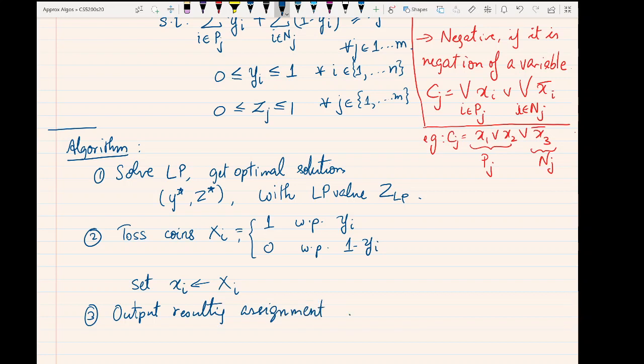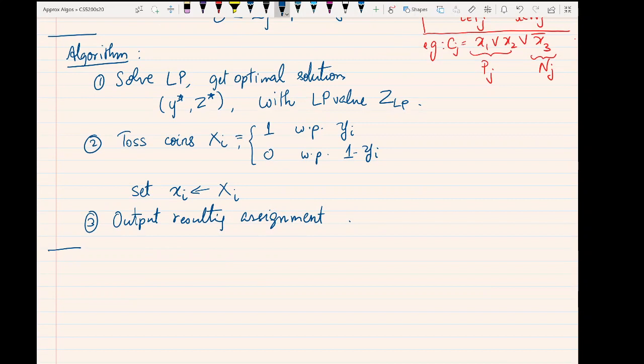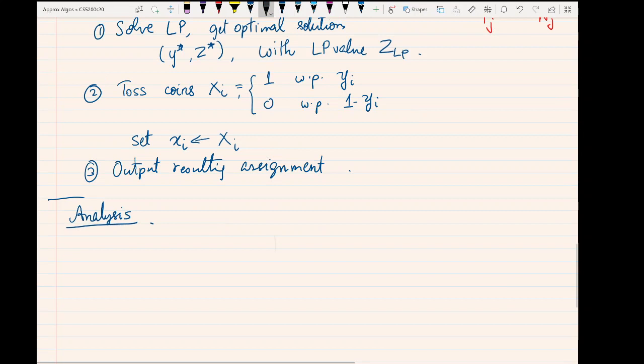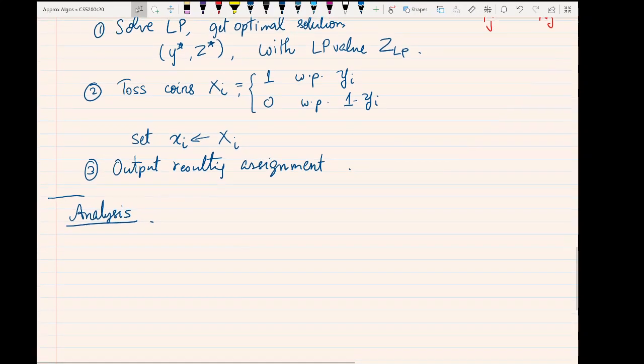Okay, so let's go on to analyze this algorithm. Now the analysis is going to proceed in a similar way. We look at first the probability that a given clause Cj is not satisfied. So Cj is some fixed clause.